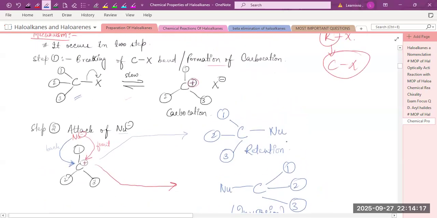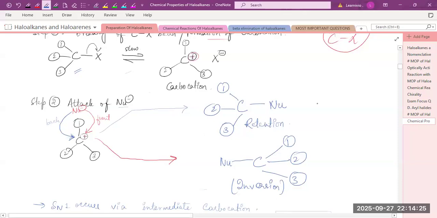So in the nucleophilic SN1 reaction, the unimolecular nucleophilic substitution reaction, you will get a racemic mixture. You will get 50% retention product and 50% inversion product.